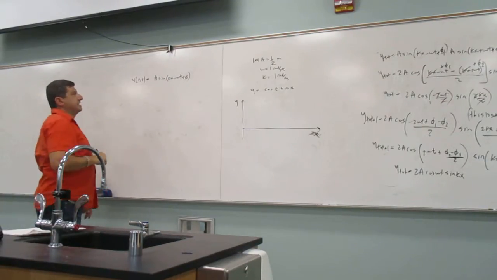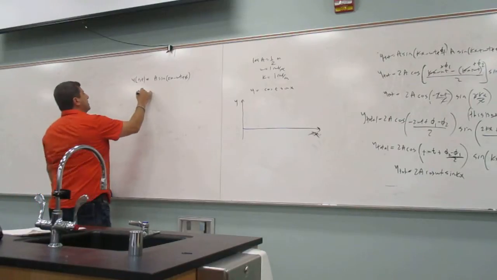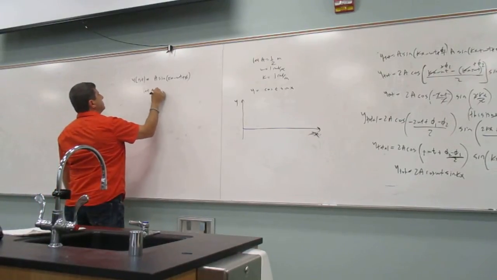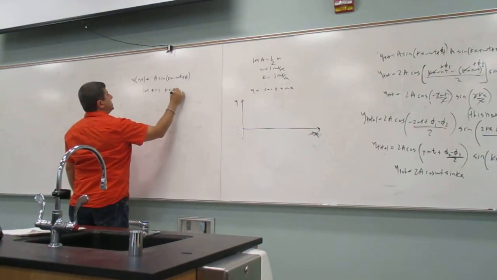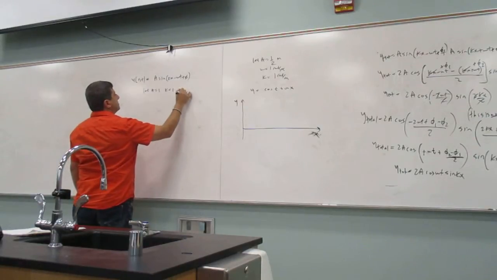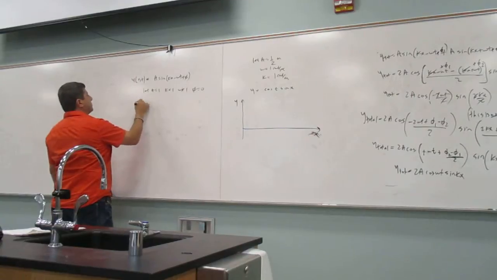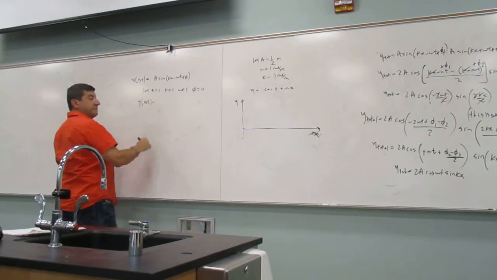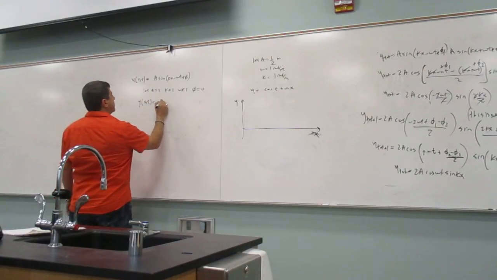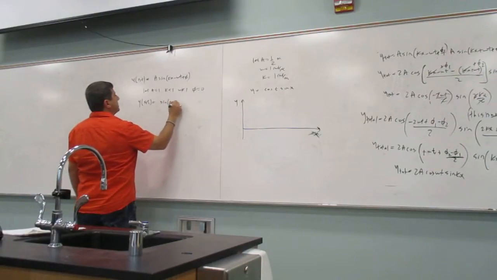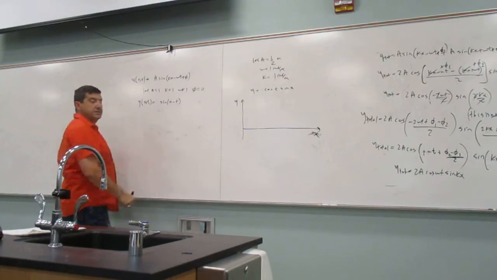Remember when I analyzed the traveling wave, I said let a equal 1, k equal 1, omega equal 1, and then phi is 0. Then I made it the easiest traveling wave you could imagine: sine of x minus t.